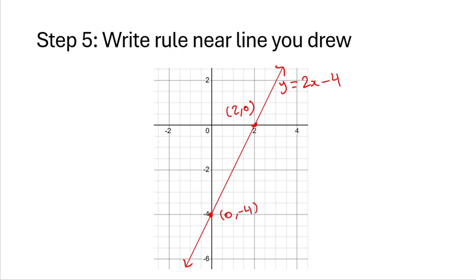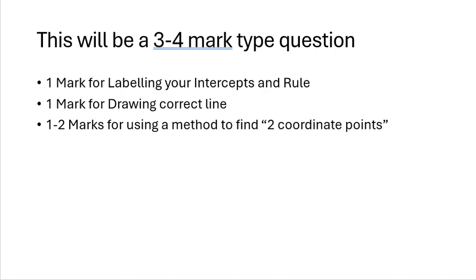Now, this is how your graph should look at the end of the day. It should have your x and your y intercepts labeled. It should have your rule of the line nearby. And once you have this and your line is where it's supposed to be, you're done. Now, I would imagine this is a 3 to 4 mark type question. So you get 1 mark for labeling your intercepts and rule.